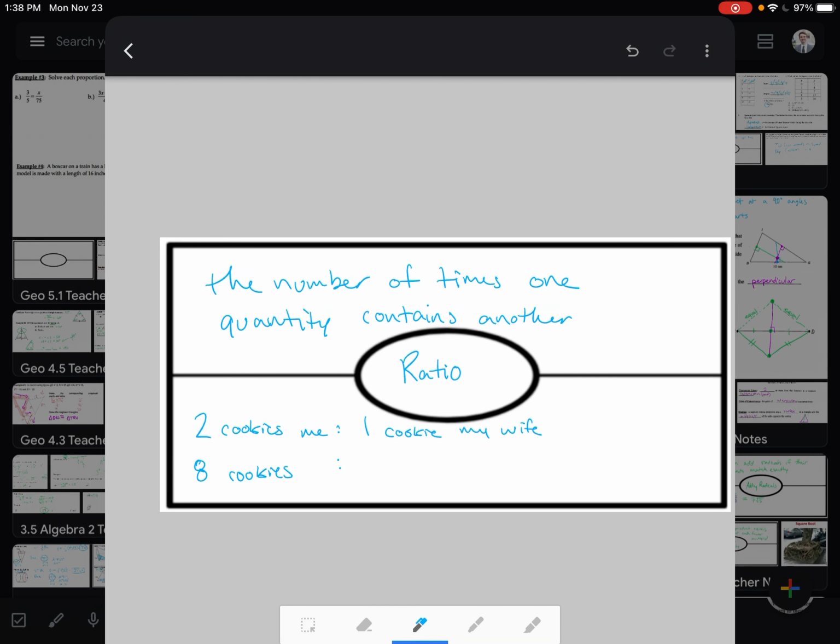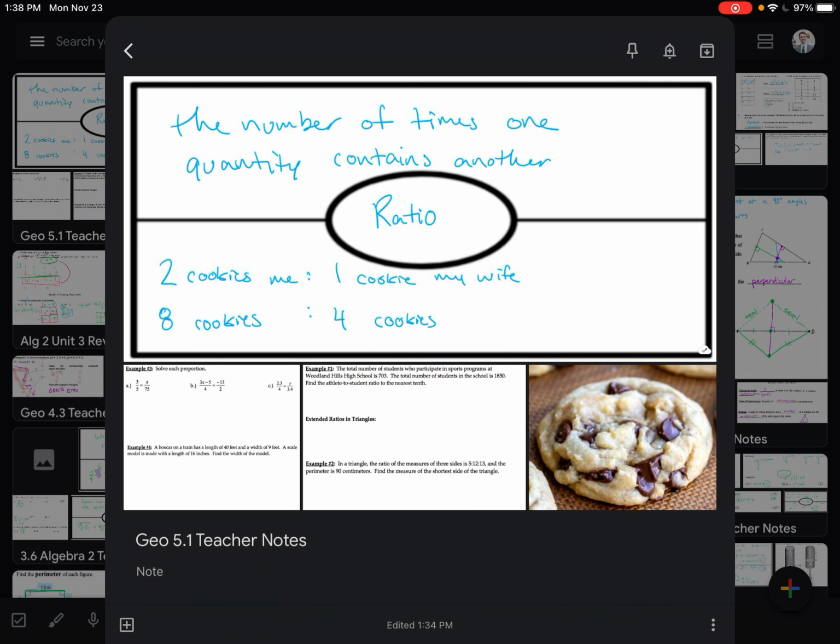Well, if I do that, then I know it's a 2-to-1 ratio, so she has half as much as me, so she's going to eat 4. And that's the idea of these ratios. Again, it's a constant quantity here. Basically, I have twice as much as her, and that's how we can figure out questions like this.